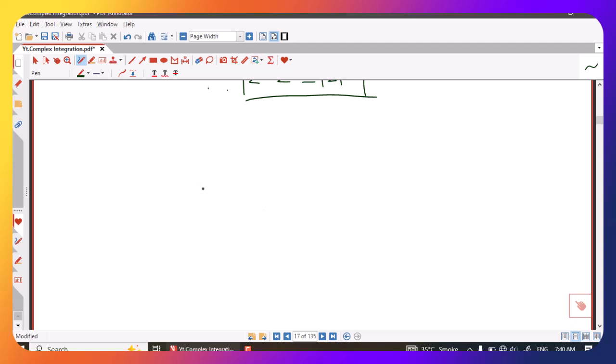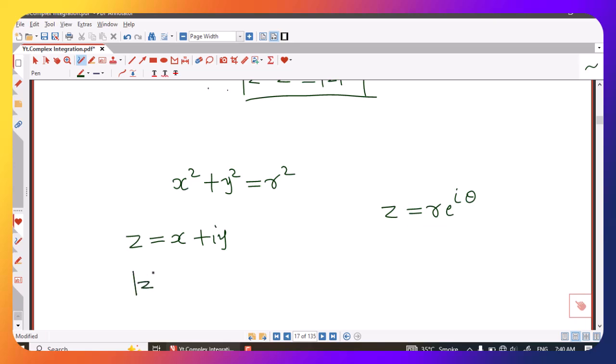One more thing we have seen in earlier lectures is that if we have a circle with center 0 0, or origin, and radius r, then we can write it in this form: z equal to r into e raised to i theta. Now if we consider z equal to x plus iy, then the absolute value of z is the square root of x square plus y square, and if I square both sides, I have mod z square equal to x square plus y square.